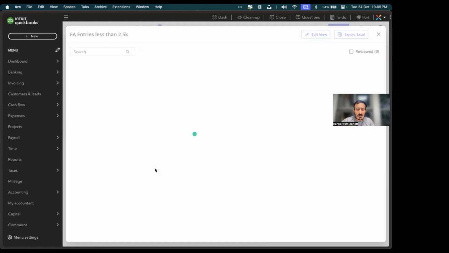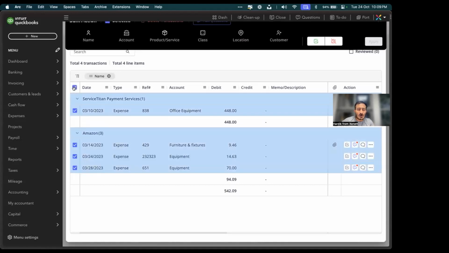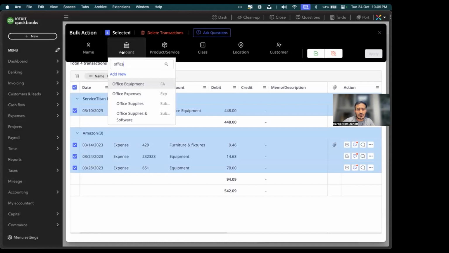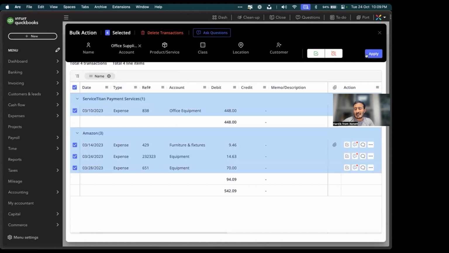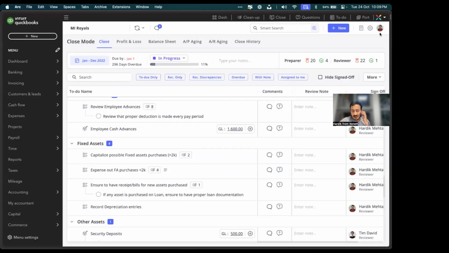I can quickly pull up all those transactions right here. In this case, for example, these are not even worth capitalizing, right? I can select them all and say I want to move them to office supplies, apply, and it's done, right? So this is another check that we do: if we see any amounts less than a certain amount, we can decide to expense the amount rather than capitalize it. That's another point. All right.